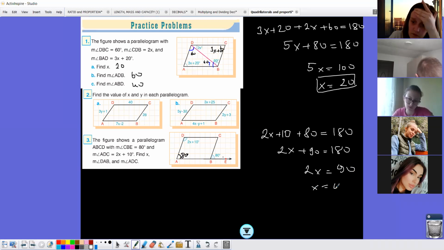X will be 45. So we found x. Directly we found DAB. And ADC, what will this part be? Because this is 80, what will this one be? 100. And this one is found easily.